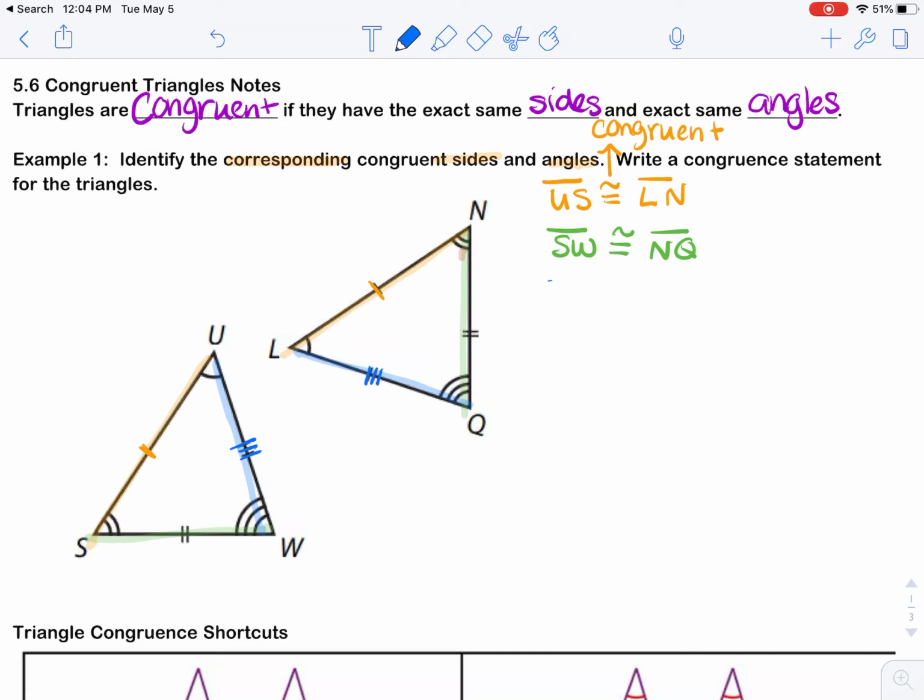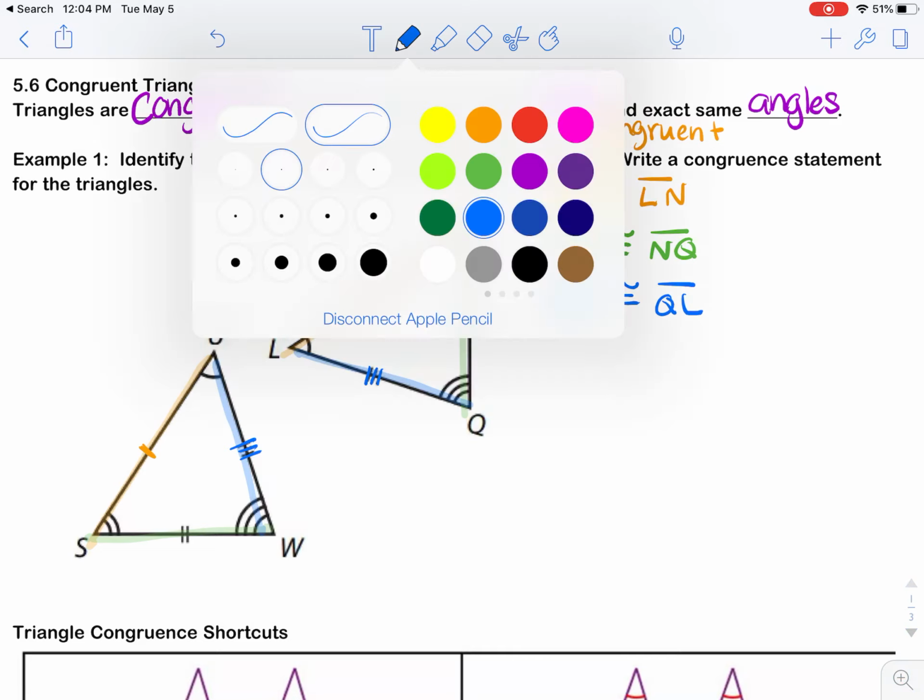So I can say side WU is congruent to side QL. So these are my 3 corresponding sides that are equal to each other, that are congruent.